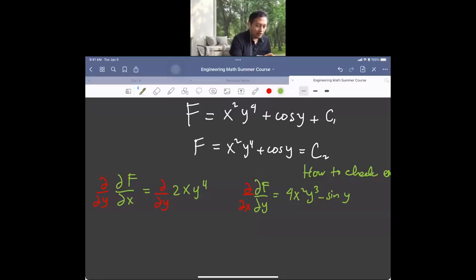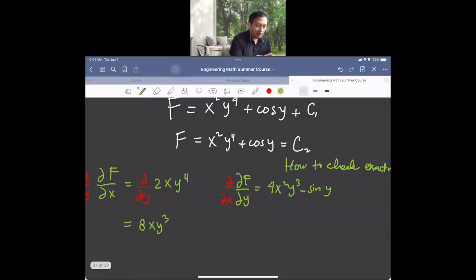So we take this with respect to y, and what we have is 8xy cubed, right? Okay, clear? And the right one is also the same, right? With respect to x it is 8xy cubed. The same, right?